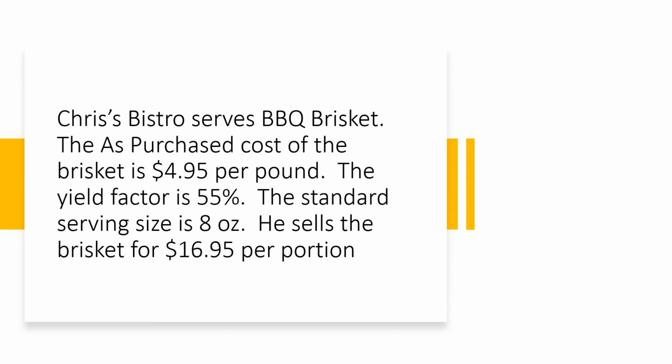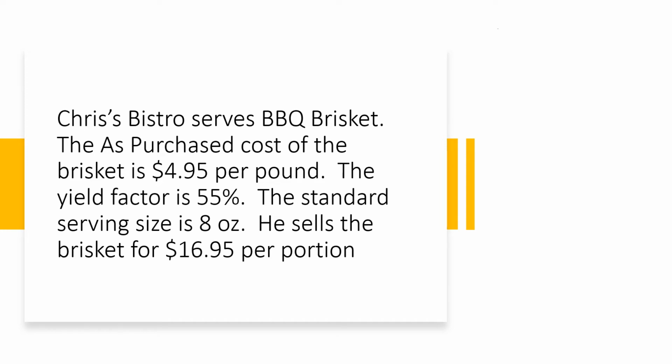So here's what I recommend that you do. In the margin, right off to the left-hand side, go ahead and write everything that you know. The as-purchased cost of the brisket is what? $4.95.